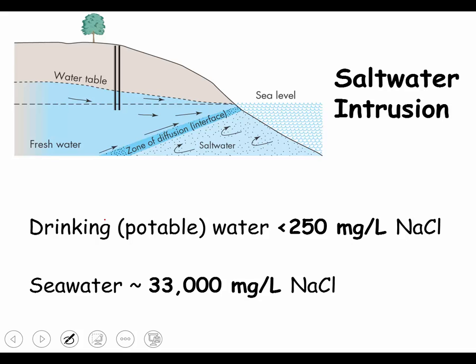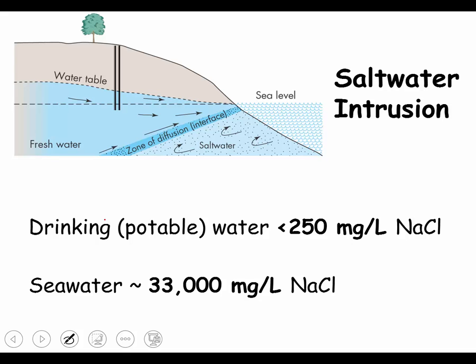Okay. Well, let's look at something that is an issue in coastal cities, Galveston being one, and that is where the pollutant is too much salt water. Okay. Seawater is about 33,000 milligrams per liter. Drinking water is about 250 or less.